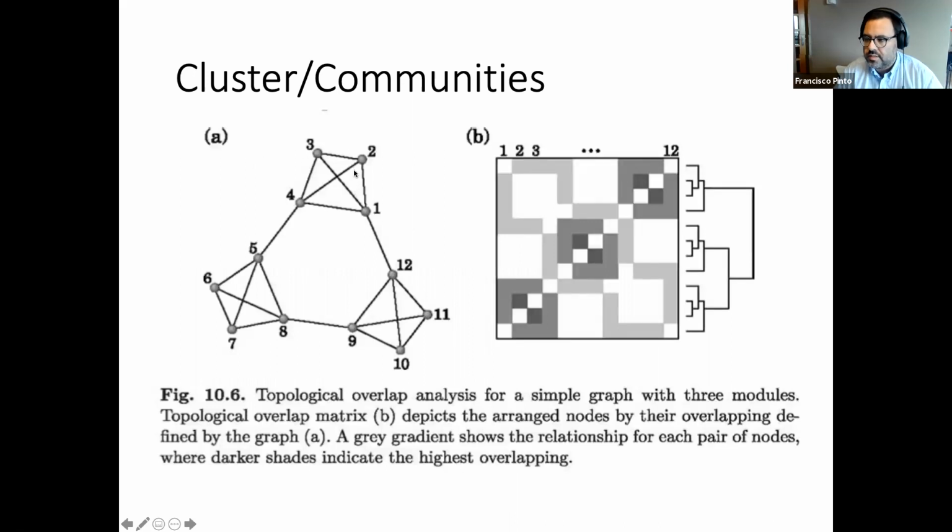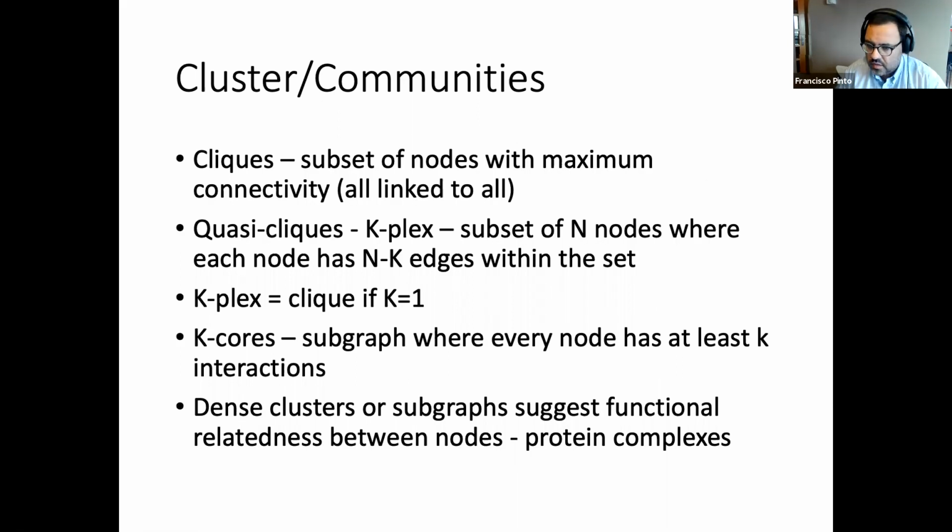But if you look at sets of 10 or 15 nodes, it's very hard to find a clique. But it's more common, or easier, to find a 3-plex, a quasi-clique, not so close to a clique, but still a subset of nodes with a high degree of interaction.